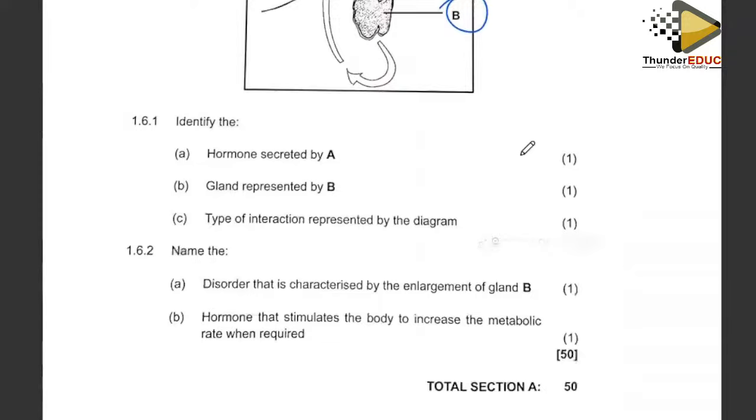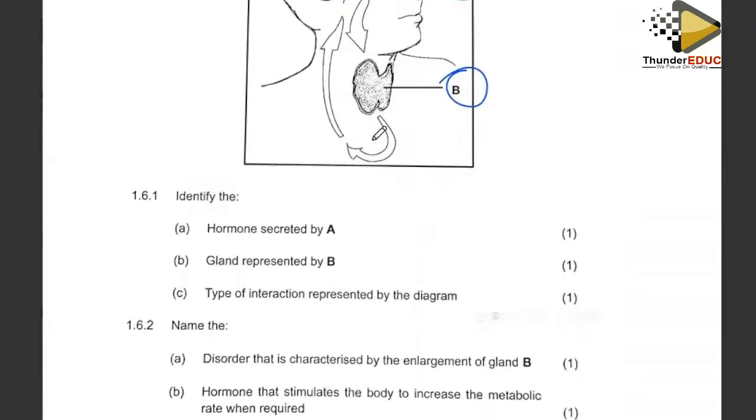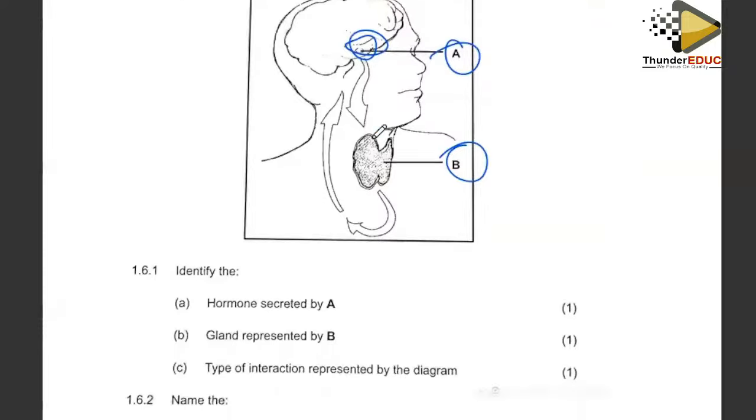Identify the hormone secreted by A. These are arrows. The pituitary gland produces a lot of hormones, but the hormone that goes to the thyroid gland is TSH, thyroid stimulating hormone.